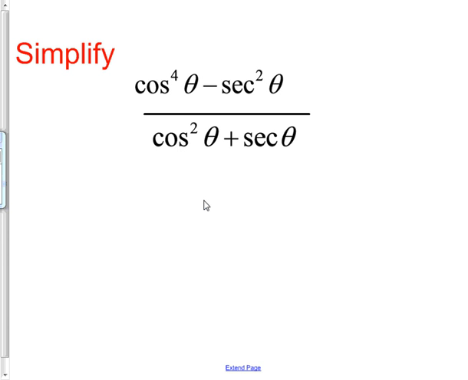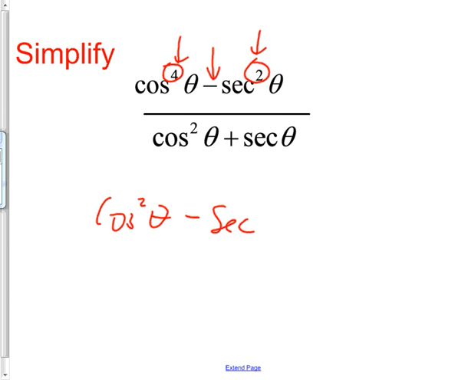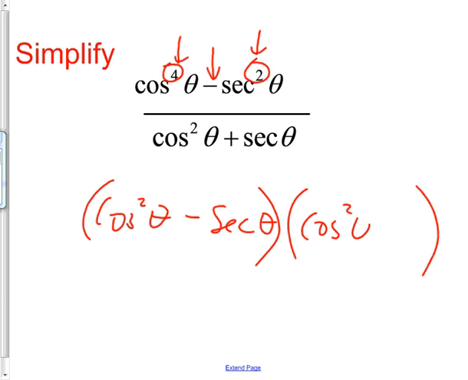All right. So I hope you noticed the difference of squares can be factored. So it's cosine squared minus secant of theta, and cosine squared again plus, sorry, secant theta, all over, what was the denominator?